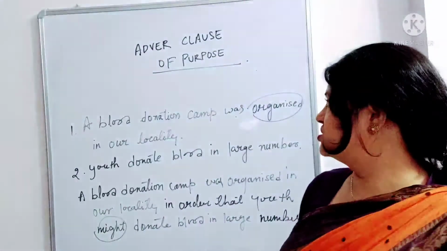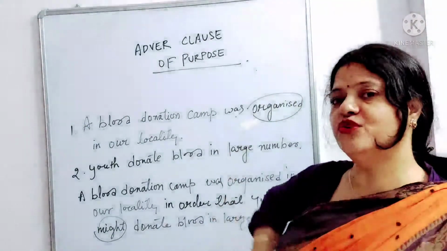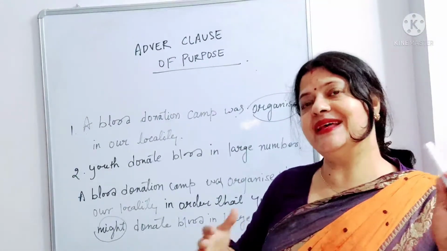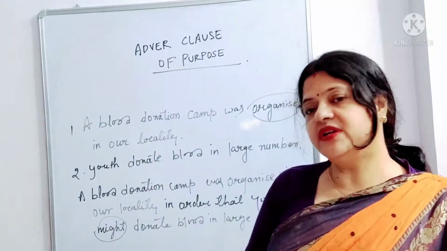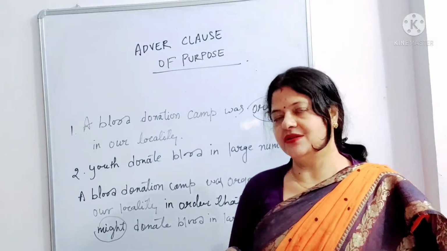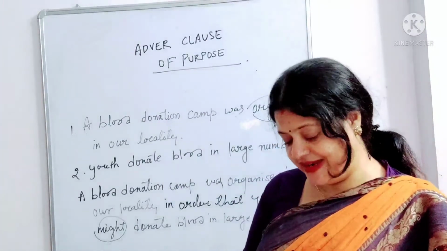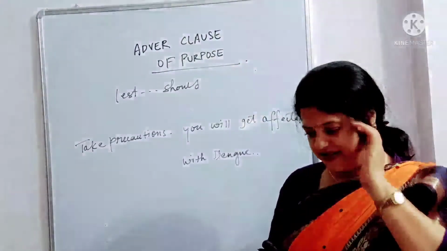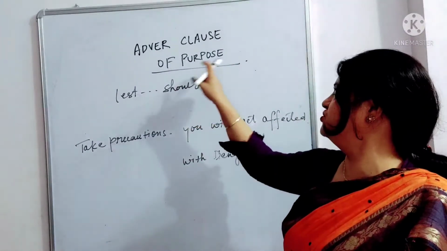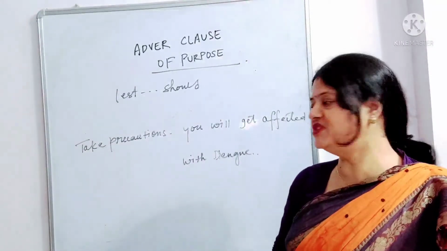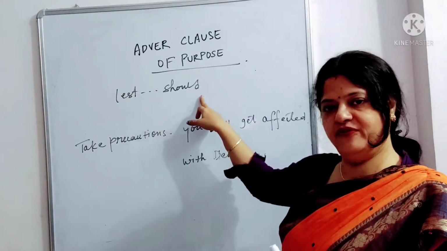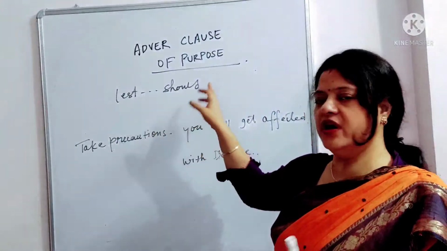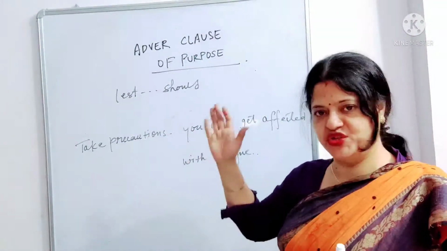Now our last adverb clause of purpose conjunction is lest with should. It is a little complicated, but I will try to make you understand. These two come in combination, lest, should.